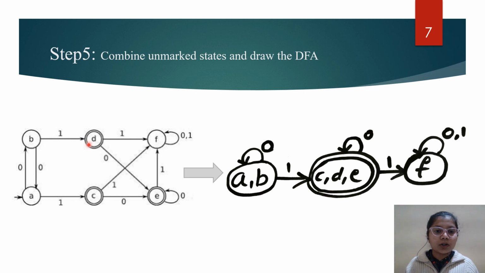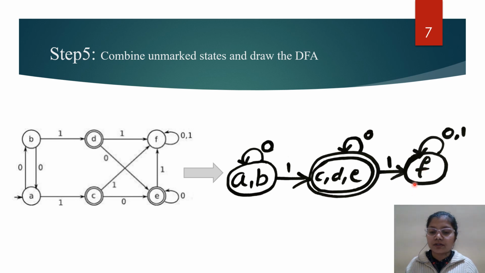D on accepting 1 goes to F, the next state. Next, E. E on accepting 0 is a self loop, so the self loop is already there. E on accepting 1 goes to the next state F.